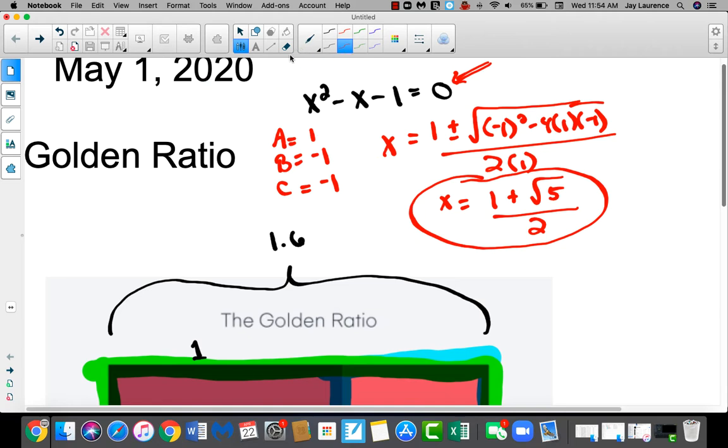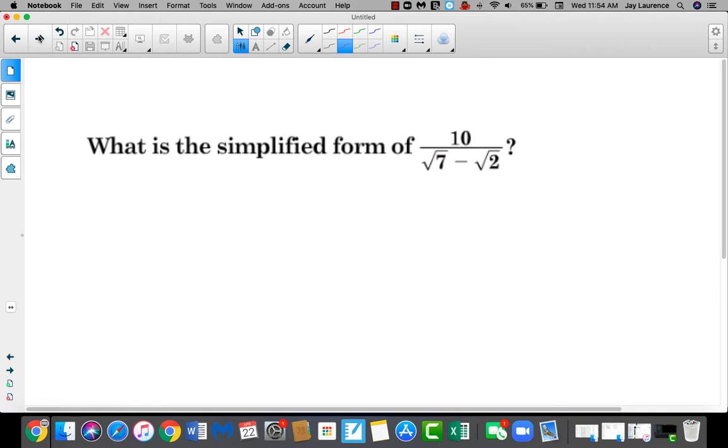Okay, so let me change direction here. They want to know the simplified form of this radical number. Now, this is considered a major no-no in mathematics because your denominator is irrational. The denominator cannot be irrational.